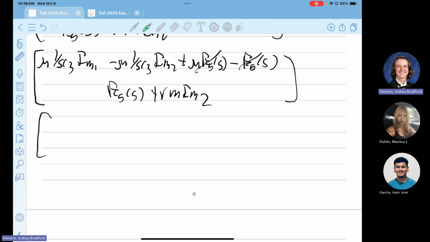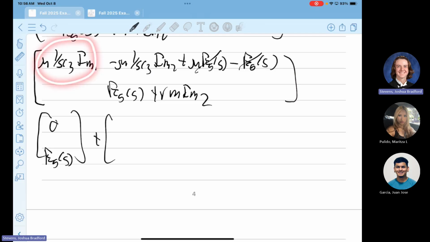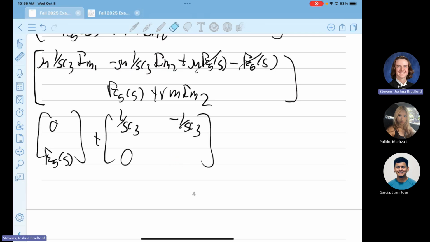So in this top part, we now have zero independent sources. So we have 0 there. And this one, we just have EG of S. Okay. So then for IM1, we just have 1 over SC3, I'm sorry. For this one, we then have negative 1 over SC3. We then have 0, RM.